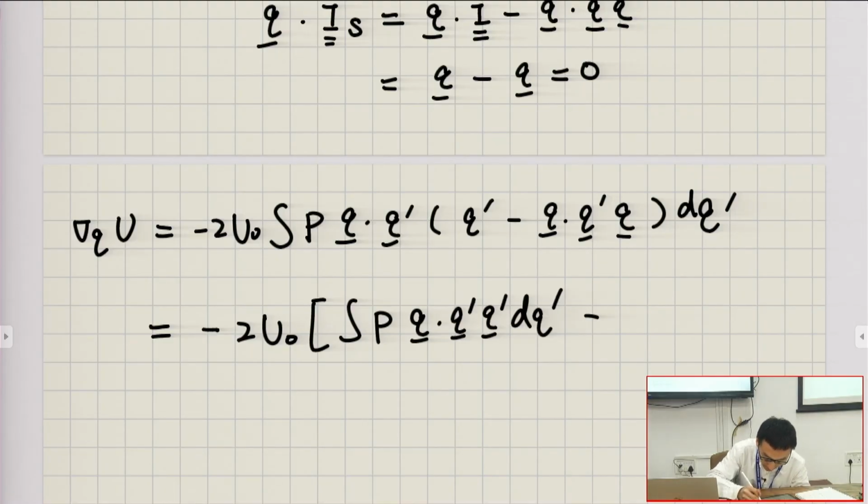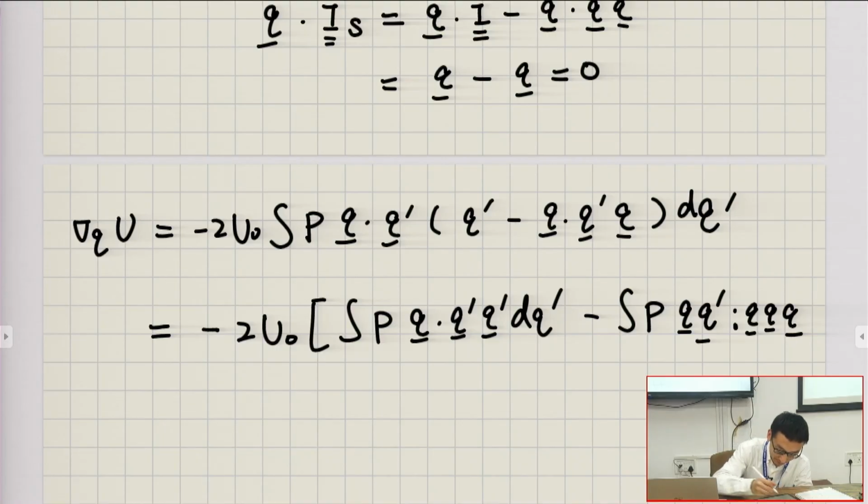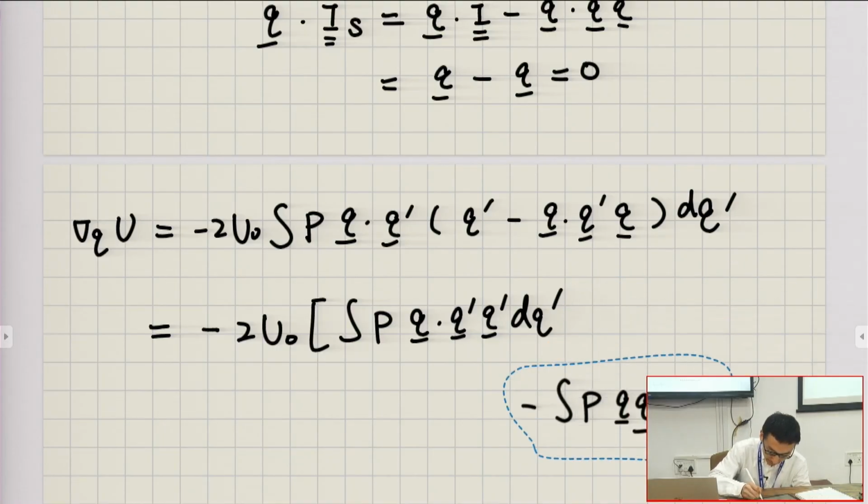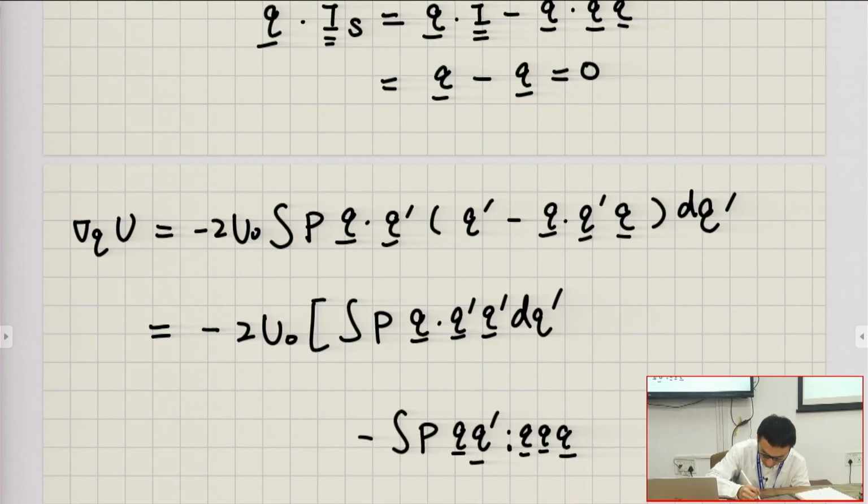The second is, so there are two things going on here: I have Q prime contracted with 3 Q's, 1, 2, 3. I'm running out of space here. dq prime. I've just split these two terms into two separate integrals.